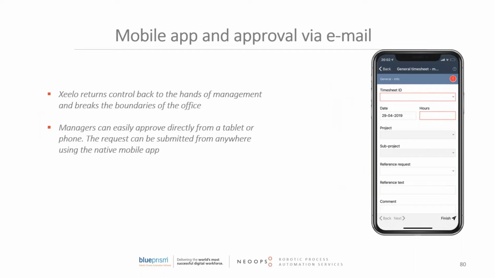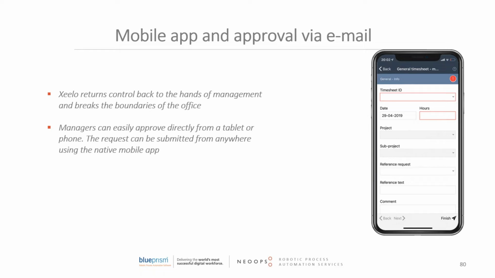In today's world, almost everything we can handle from our mobile phones. Think about the situation when you sit in some meeting and your colleague wants to approve something as soon as possible for some reason. With Xeelo, you simply get a notification on your phone, and with a few clicks, you're done.